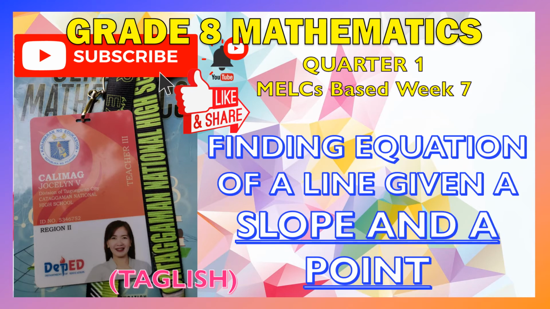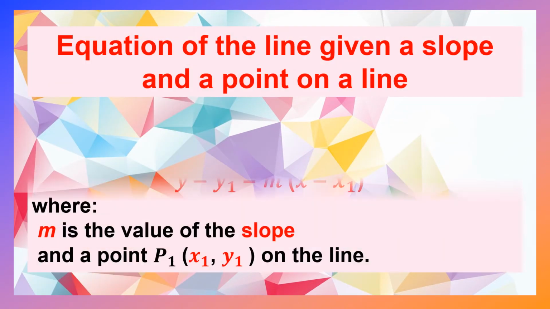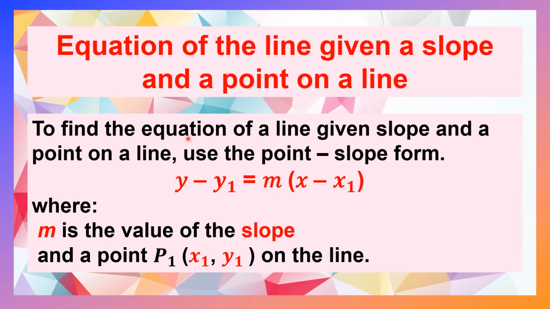In this video, I am going to discuss finding the equation of a line given a slope and a point. To find the equation of a line given slope and a point on a line, use the point-slope form.